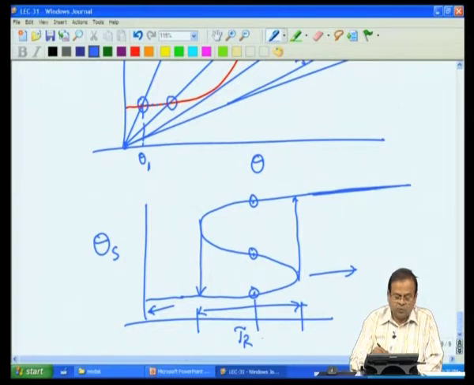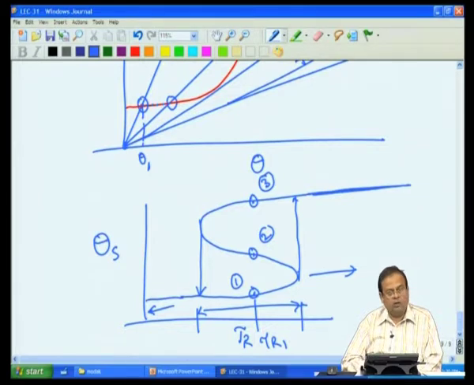Let us say at this particular residence time tau r1, I have steady state 1, steady state 2 and steady state 3. So, a question arises: which one of these steady states will we get with our reactor? I mean, how do we know whether we will get steady state 1, steady state 2 or steady state 3?